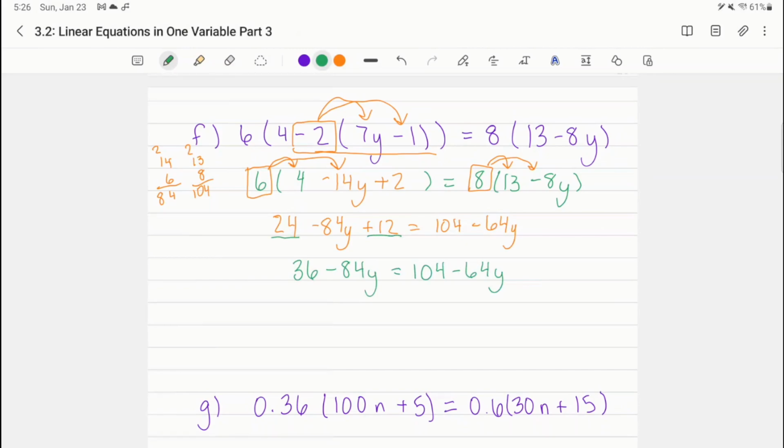Whew. So that simplification process took us a few steps. But now we're on to step 2. Get the variables on both sides. So I'm going to add 64y to both sides.